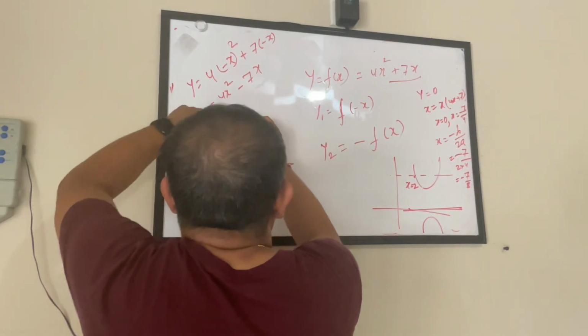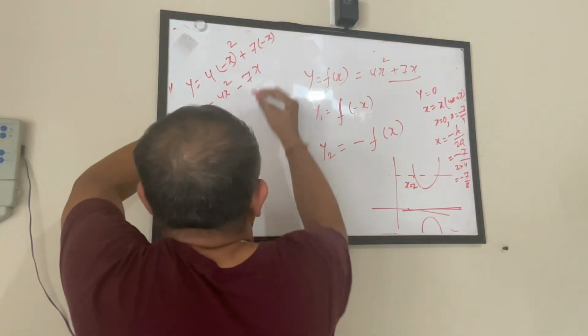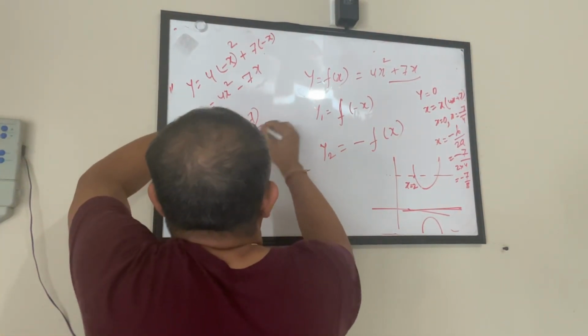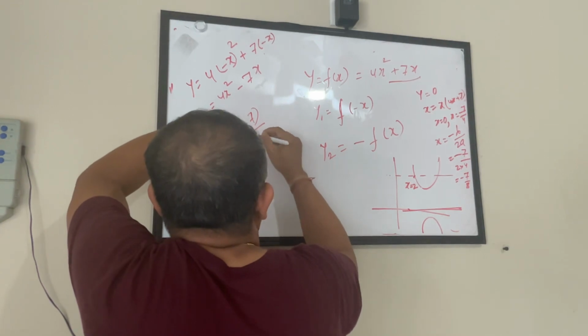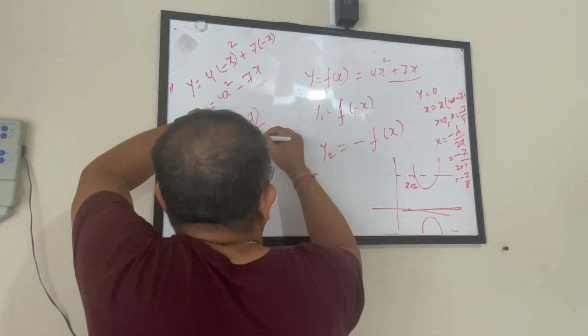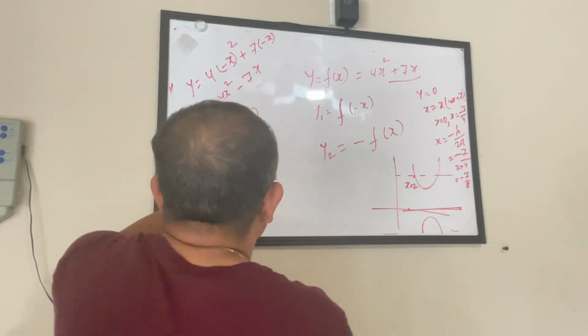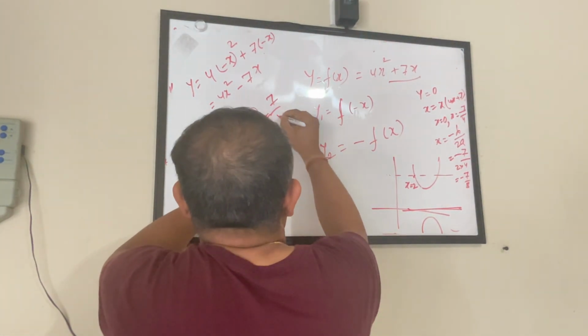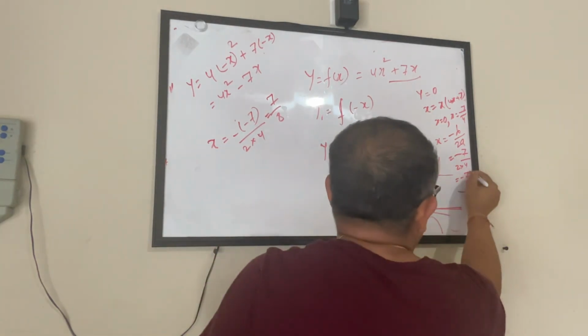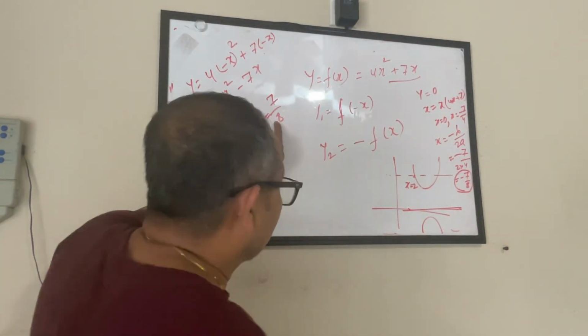Minus b by 2a, minus b, so minus 7 by 2a. So it becomes 7 by 8. Here it was minus 7 by 8. Here it is 7 by 8.